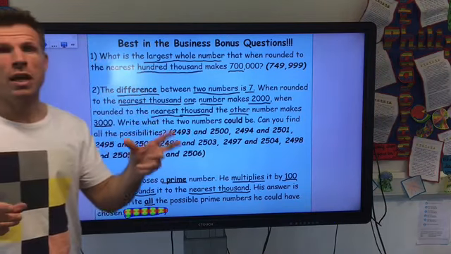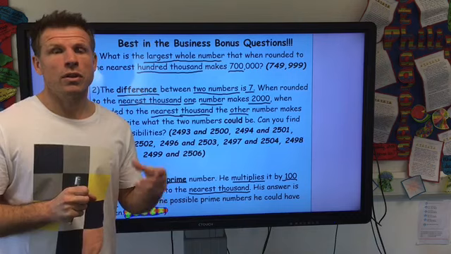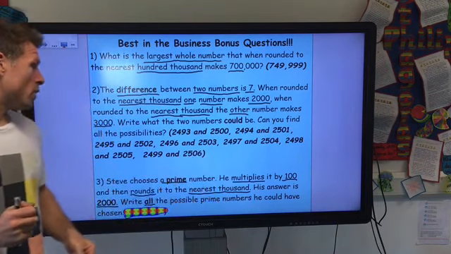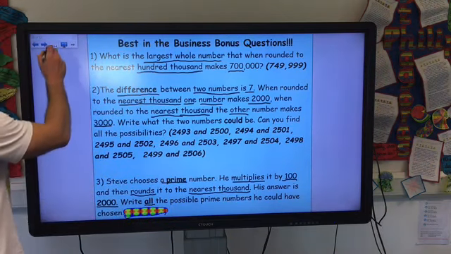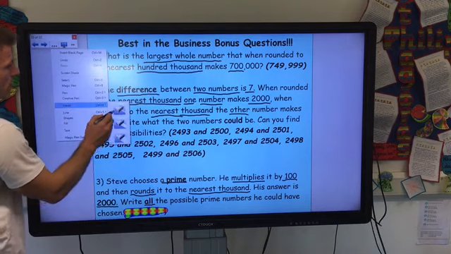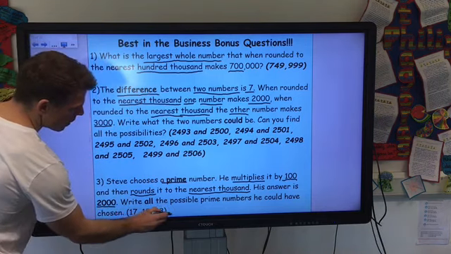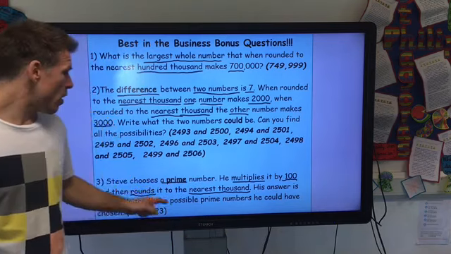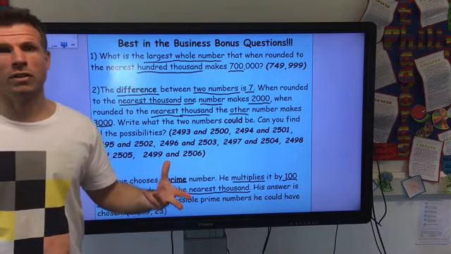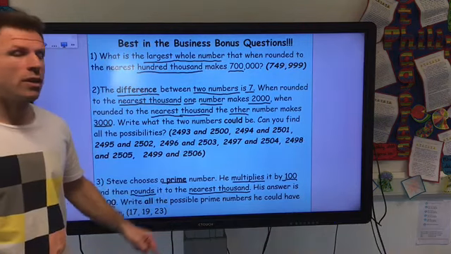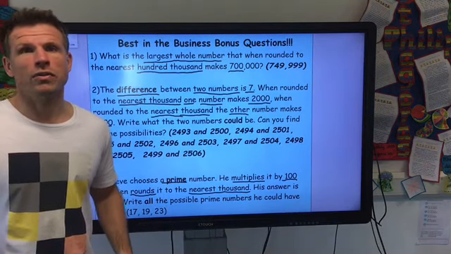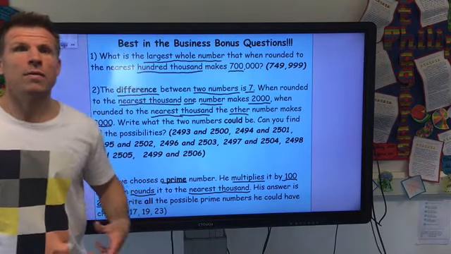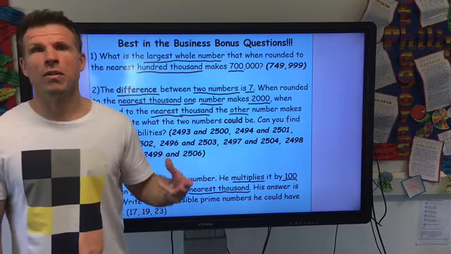So those are the numbers in between there that when you round to the nearest 1,000 makes 2,000. So hopefully you should have worked out that the three prime numbers would be 17, because you multiply that by 100, it makes 1,700, 19, because it makes 1,900, and 23, because it makes 2,300.